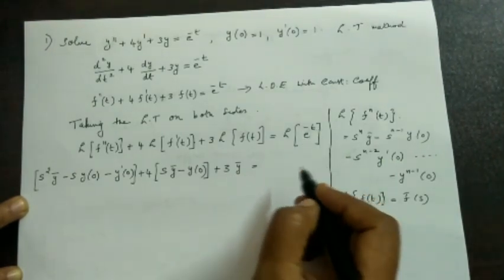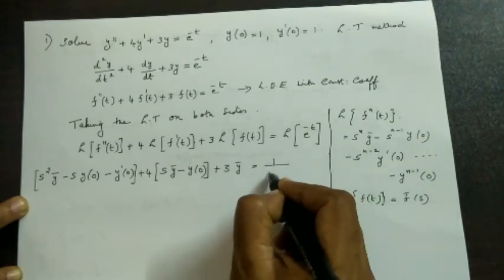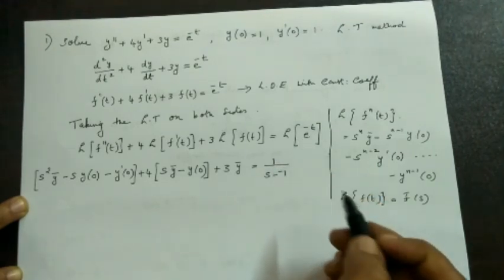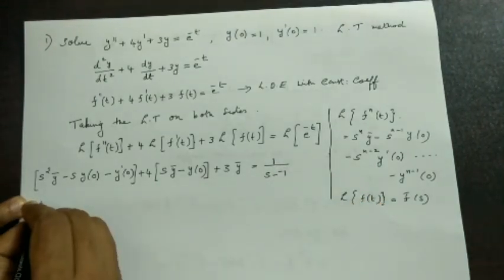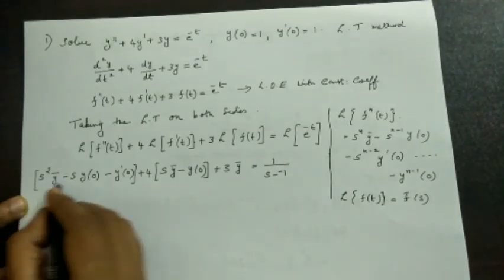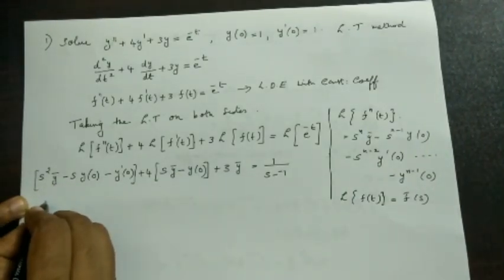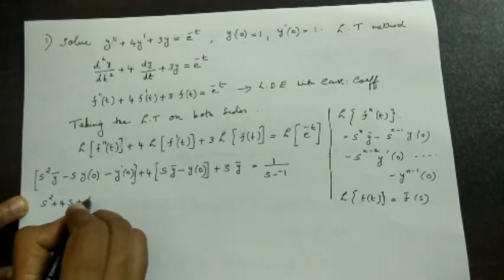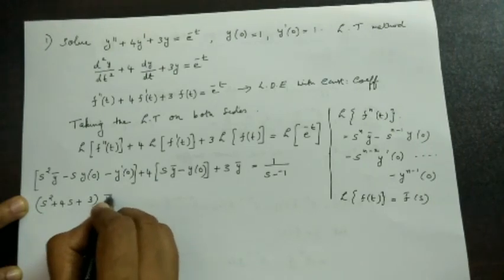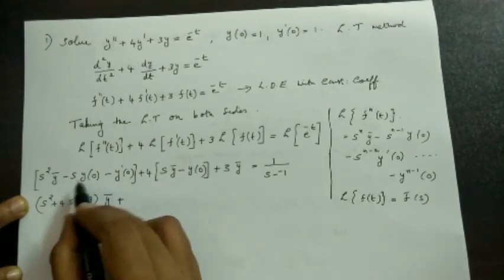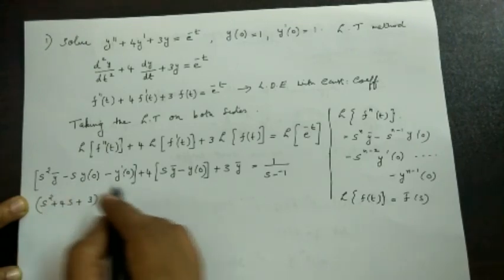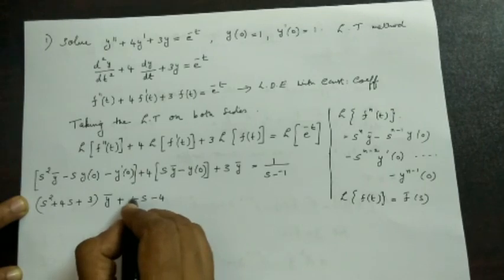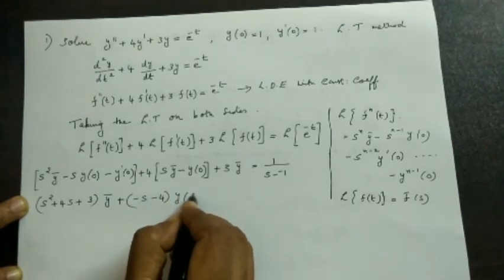L of e raised to minus a t, that is 1 by s minus a. Okay. Now here we are taking the y bar terms, that is s square plus 4s plus 3 into y bar, minus the y of 0 terms: first one is minus s, the second term minus 4 y of 0.